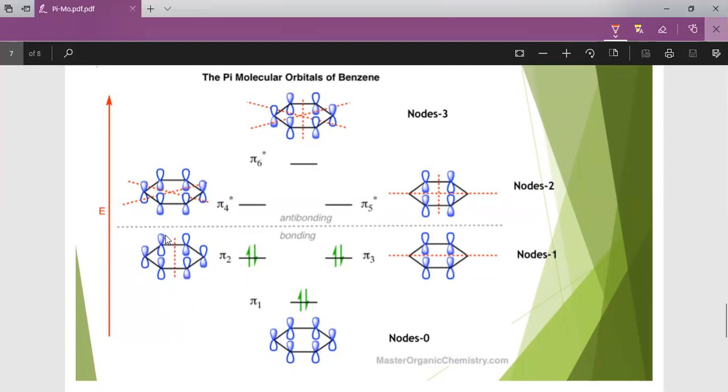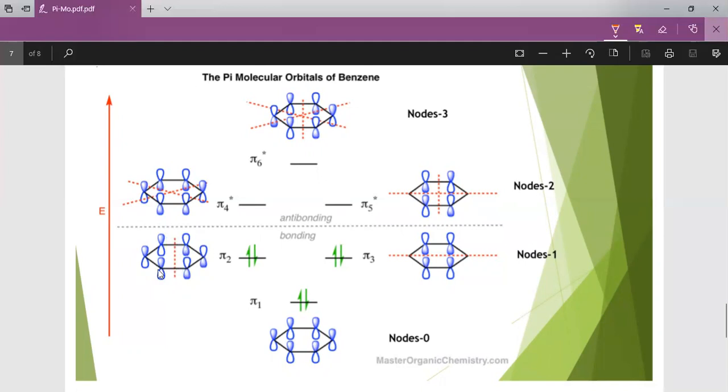Coming to C2 and C3, this one with positive and this one with negative due to the node passing. So these two are showing anti-bonding interactions. Coming to C3 and C4, there is no node here. So again these are lined up in the same manner, negative, negative, positive, positive. Hence these are showing bonding interaction. Similarly these two.